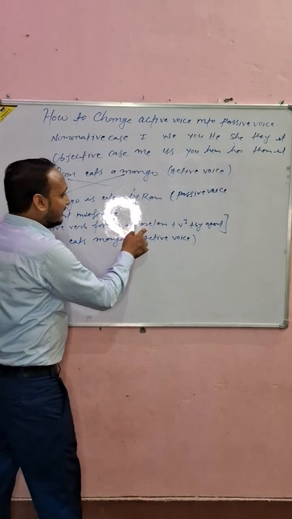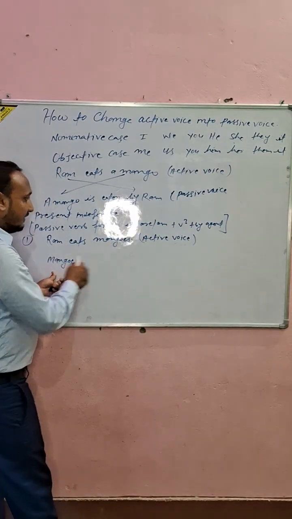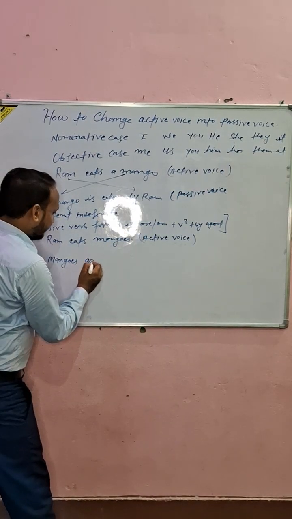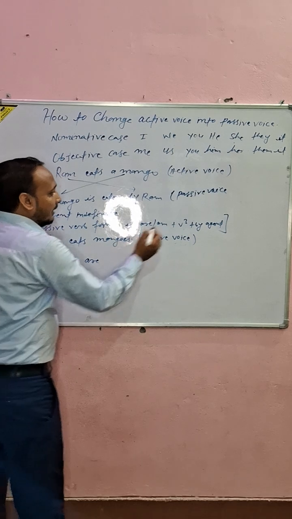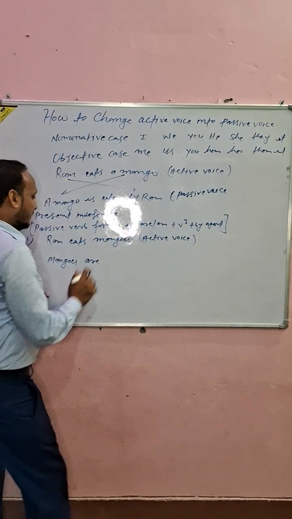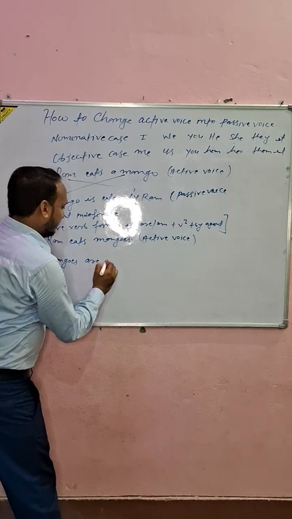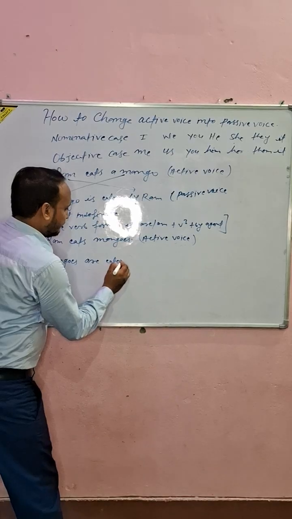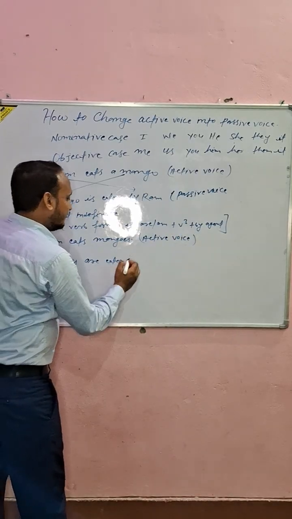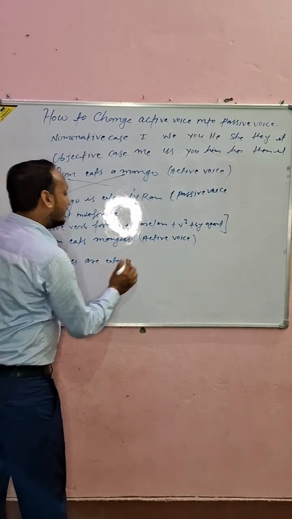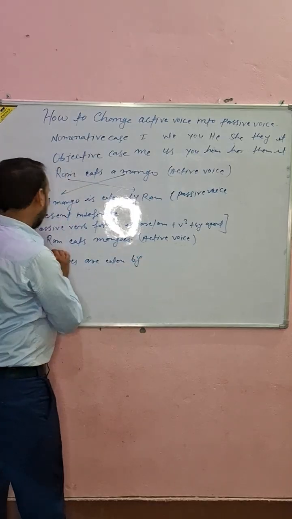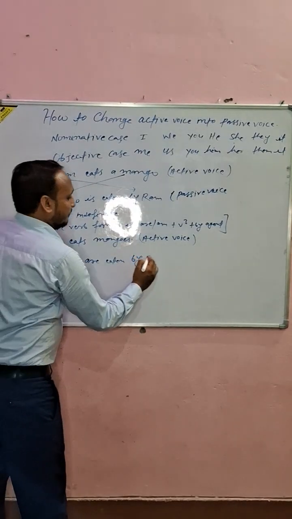So according to that, we can write here "are". Mangoes are, and after that verb 3, eaten. Eaten, and by agent. Mangoes are eaten by Ram.